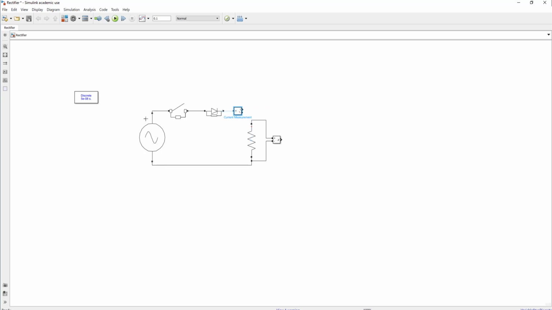So we want to see how the current is there, and we want to see how these things are happening. At the same time, I also wanted to see how the AC waveform looks like and how my output is coming back. So again I'll take voltage measurement. So I'll just keep voltage measurement here.